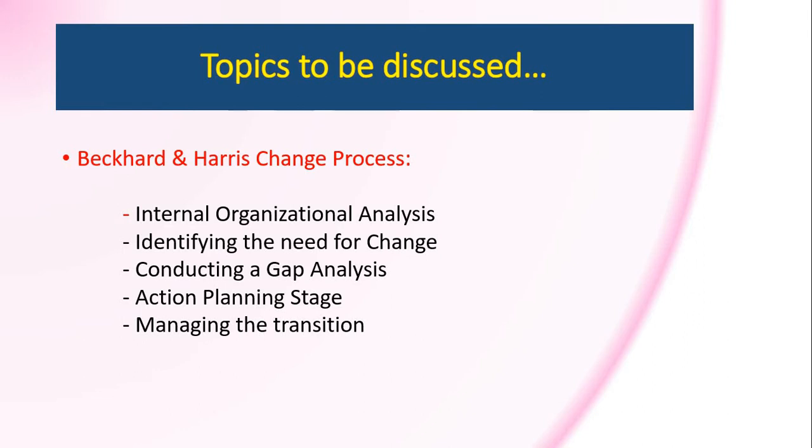While the organization is bringing change, they have to analyze and study the internal and external environment, study the need for change, and also conduct a gap analysis of what their current state is and what their future state will be after introducing the change, and also the action planning stage on how to implement the change, and then managing the transition stage.